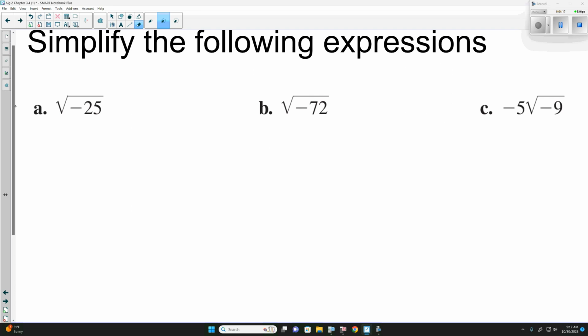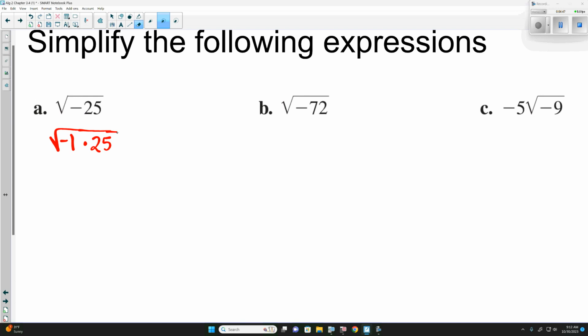Now these three are the first three that we have. And we want to simplify them in terms of i, with i as a part of them. If we look at the first one, the square root of negative 25, we're going to do it step by step, and then we can do these a little bit quicker once we get the hang of it.